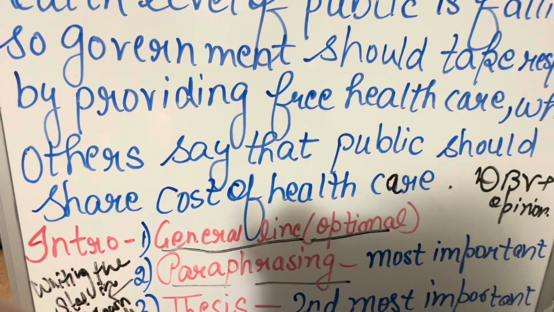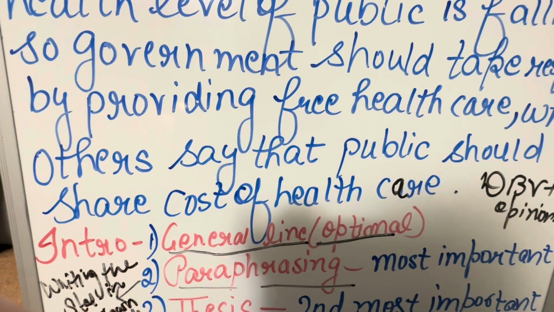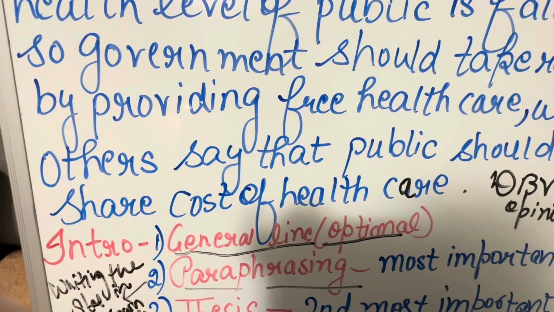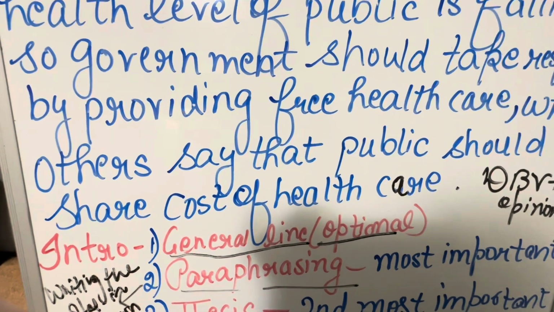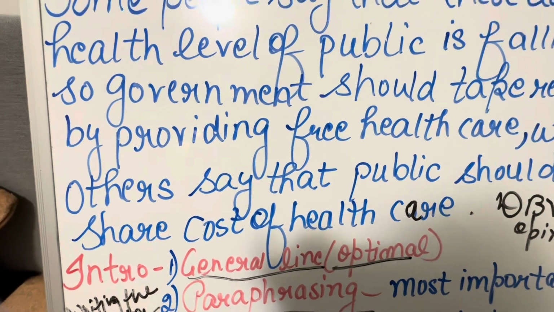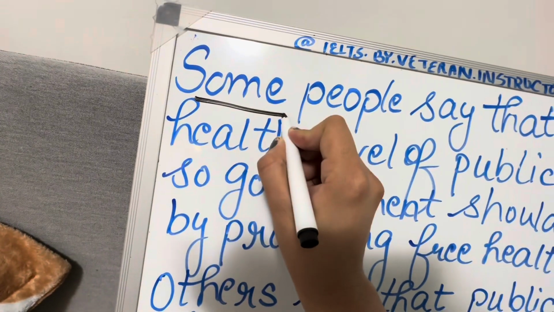Very simple. But this doesn't mean that you have to give a synonym for each and every word. Because in that case, what students usually do is they give wrong synonyms for the words, even if they don't have any synonym. So we are not supposed to do that. Let's look at the statement. What is the first word? Some.